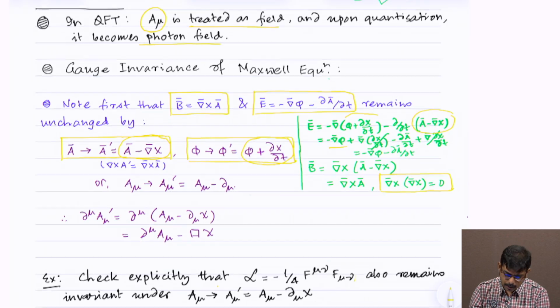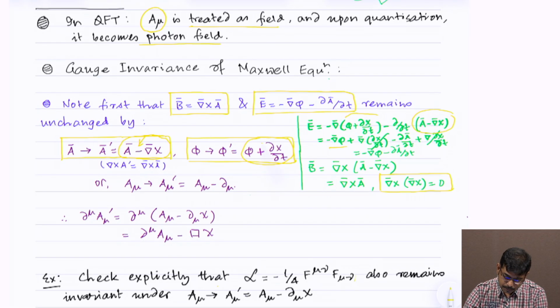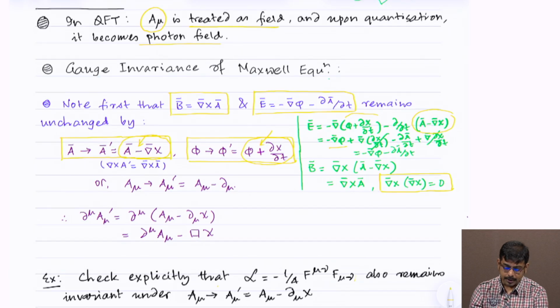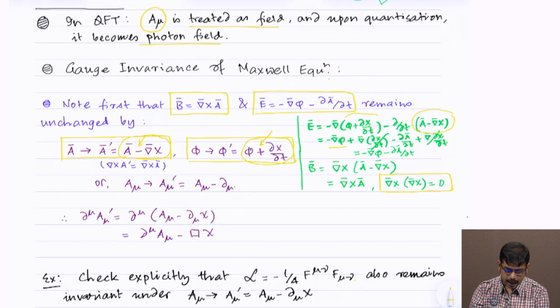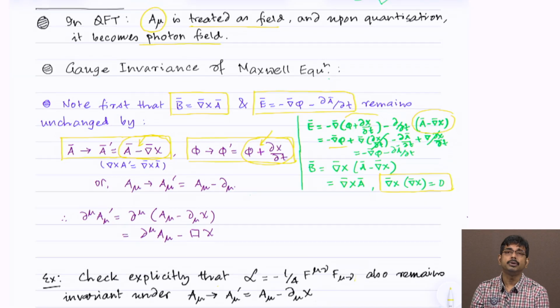It is important to remember that if you are choosing minus sign here in case of A, then you must choose plus for φ, and vice versa. You may say I will choose A prime equal to A plus gradient of χ, then the φ prime will be φ minus ∂χ/∂t.